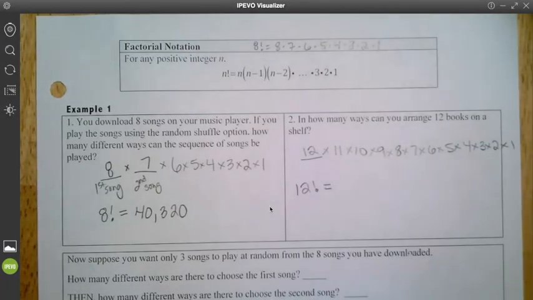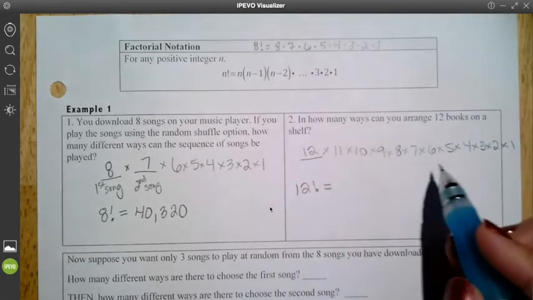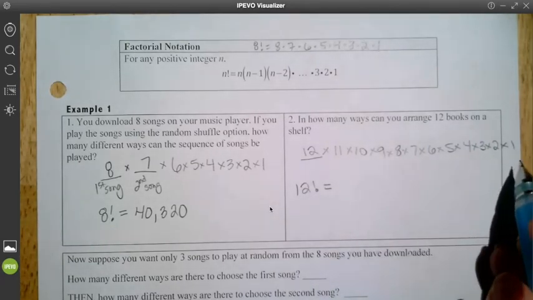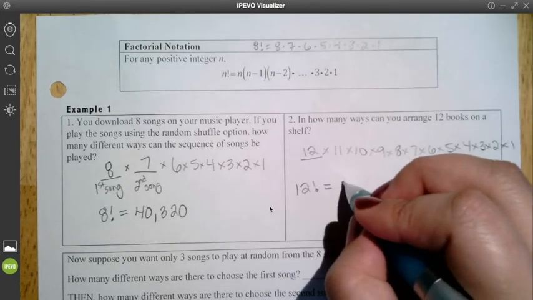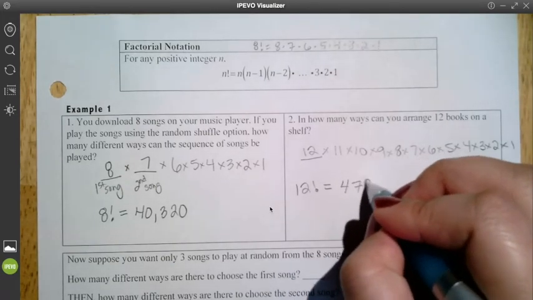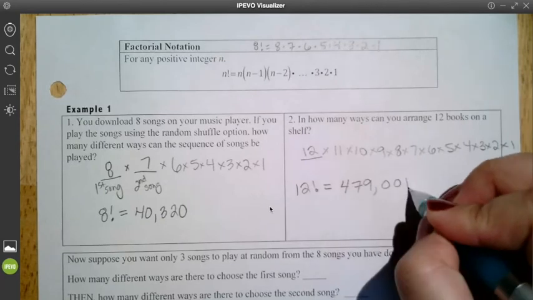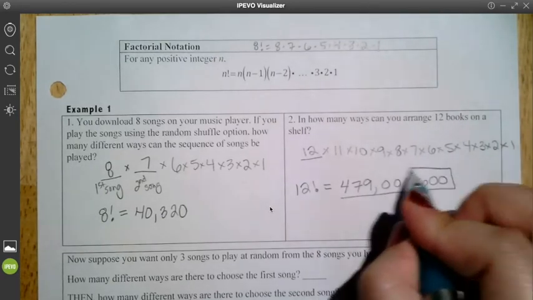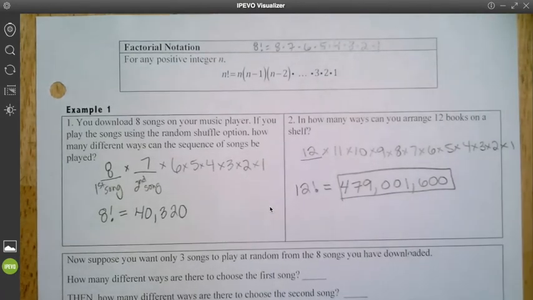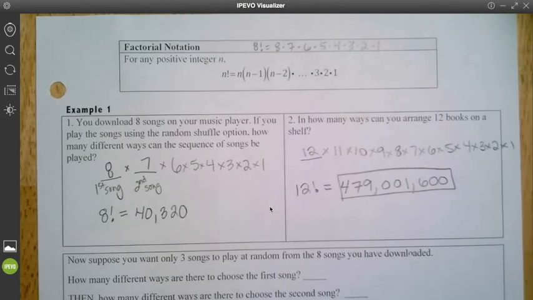Now this one is even longer to type in if you type it the long multiplication way, or you can use the method that we showed you on the calculator, 12 factorial, 479,001,600. Make sure that you can get this number. If you're getting a different number, then that's something that we need to make sure to go over in class until you have a comfortable familiarity with how to calculate these.